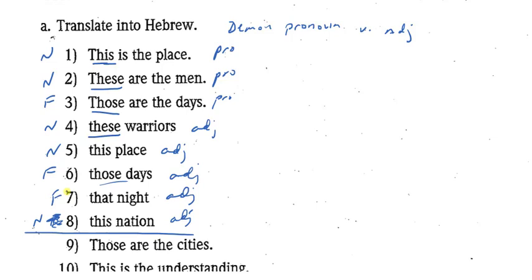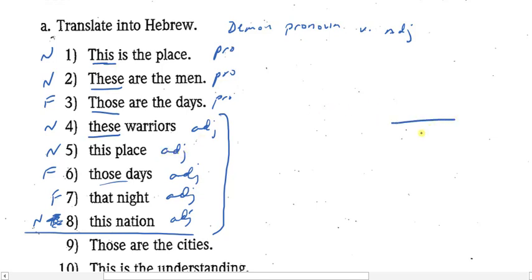So let's just take a look at a couple of these to make sure that we're clear on how you would write them. Anywhere that I have an adjectival use, and that encompasses these 5 right here, numbers 4 through 8, what is going to be the order of my constituents? Is the noun going to go first or the demonstrative adjective?